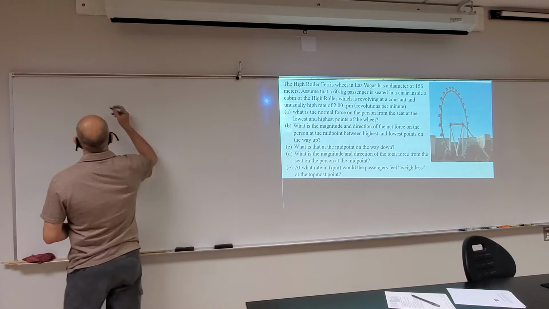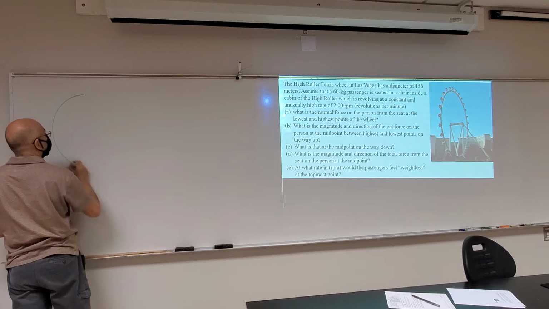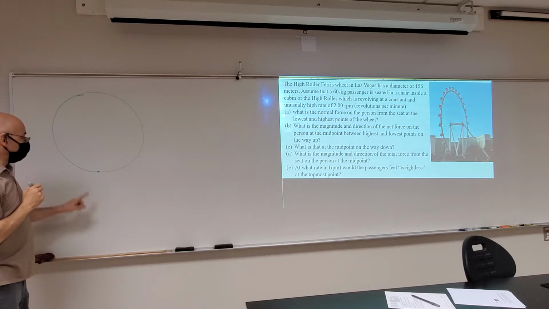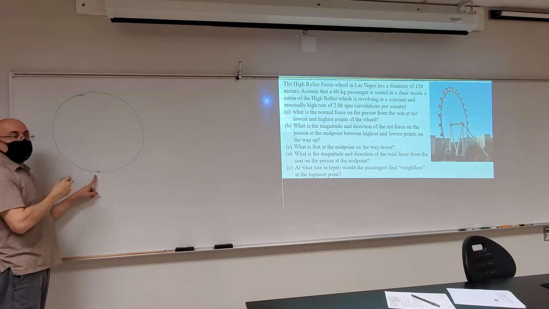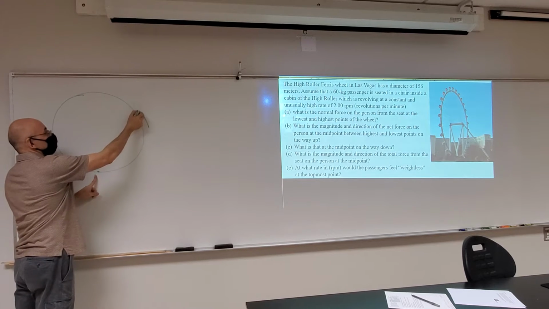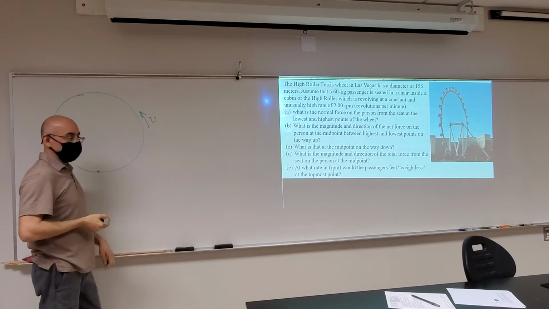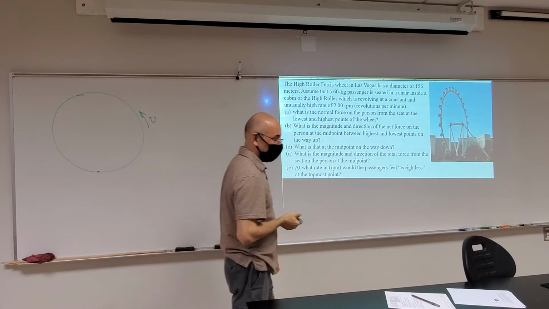At the lowest point of the wheel, let's say right here, sitting on a chair, and it's going at some speed, v, or angular speed, omega.